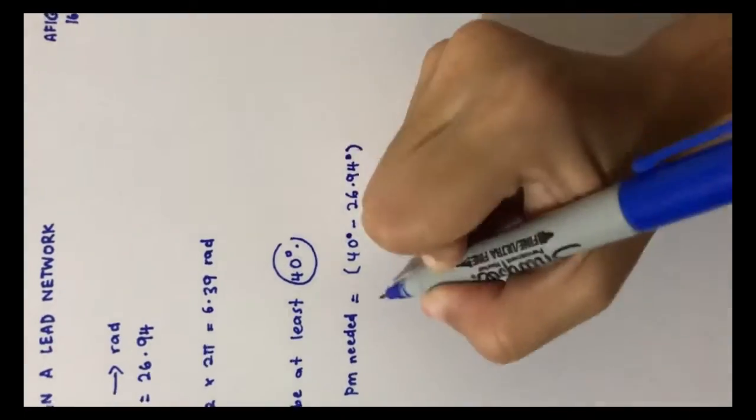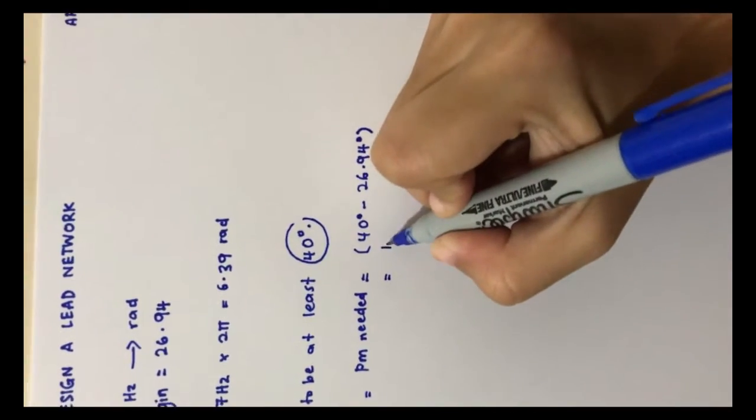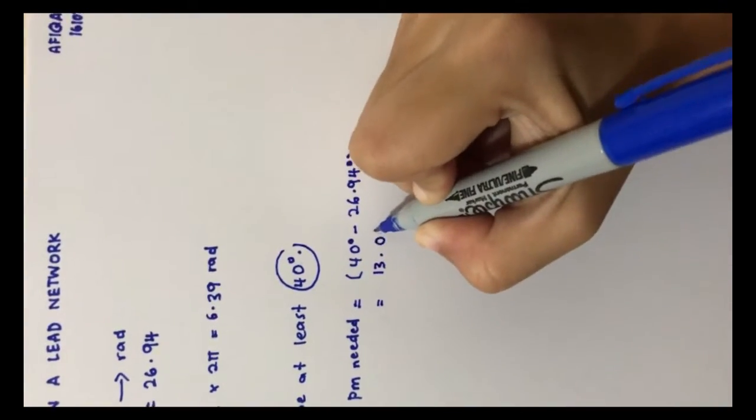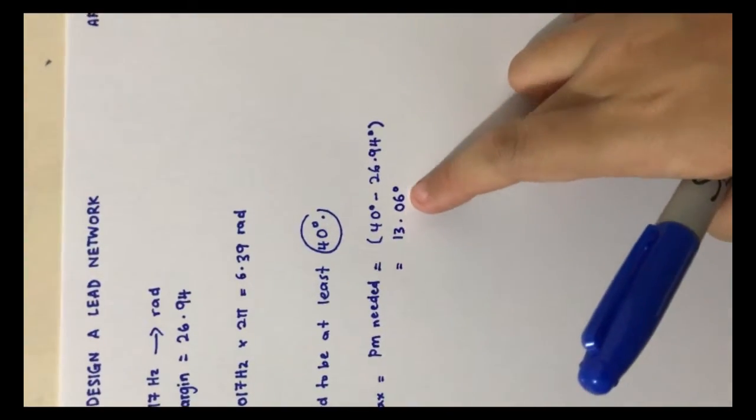Through this, we will obtain 13.06 degrees. So the phase margin needed would be 13.06 degrees.